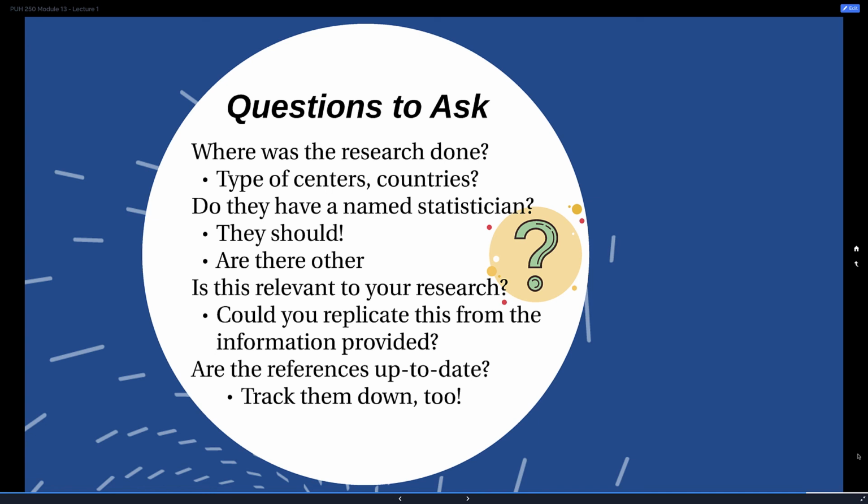Are there other people or other statisticians that are named in the process? Is this relevant to your own research? Could you replicate this from the information provided? And then are the references that they give up to date? And you can also track those down too to find out more information about the field.